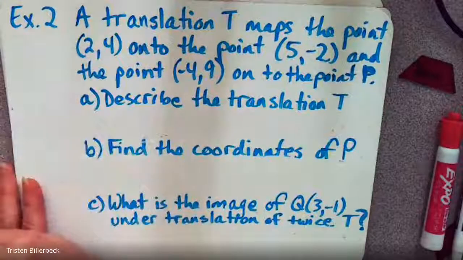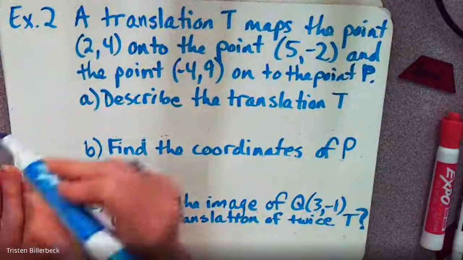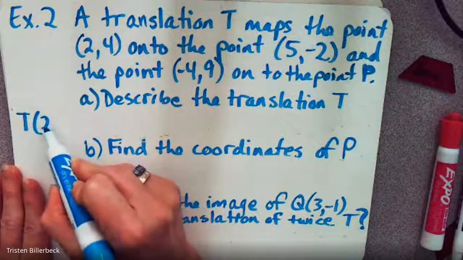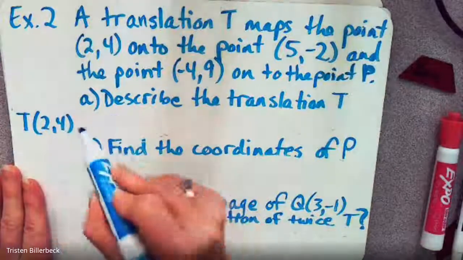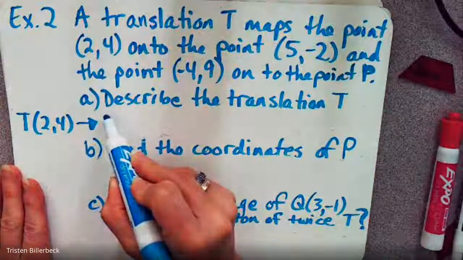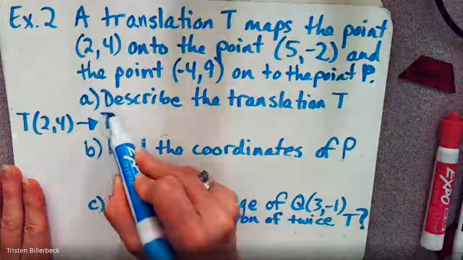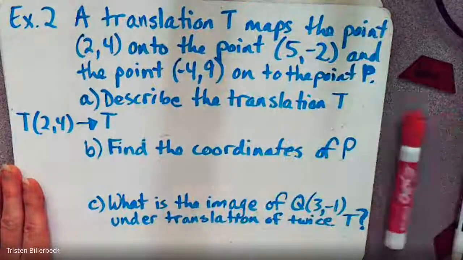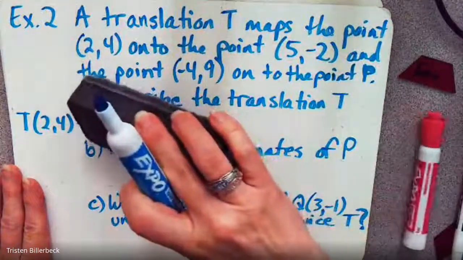So we have our original point, T, which was 2, 4, and we want to know the difference between these.